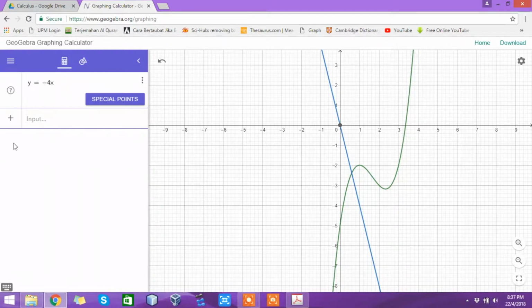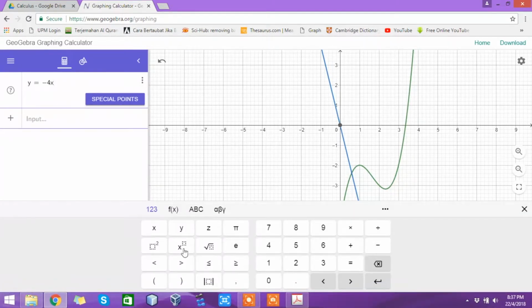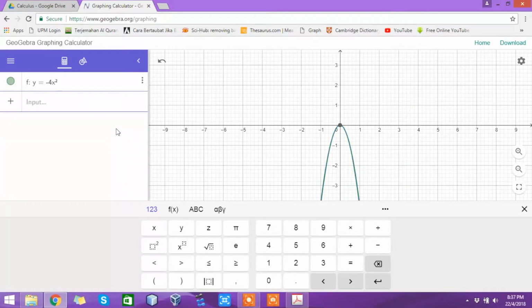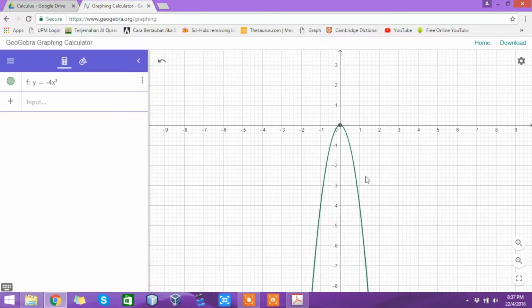So we found out it's negative 4x squared. So here is where the relative maxima is 0. Okay, the solution. That's all.